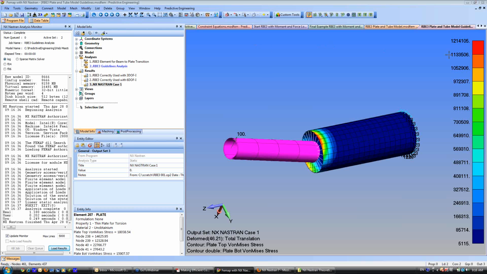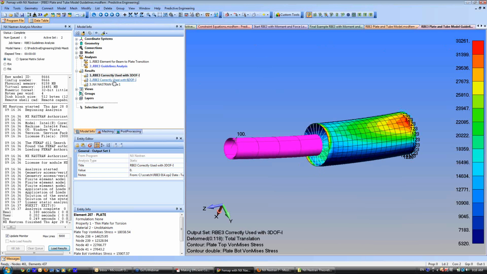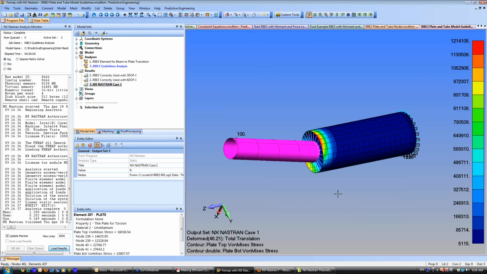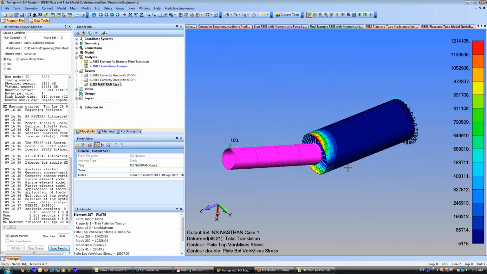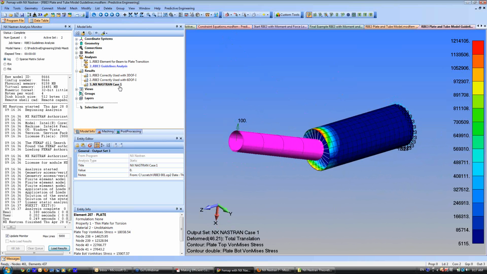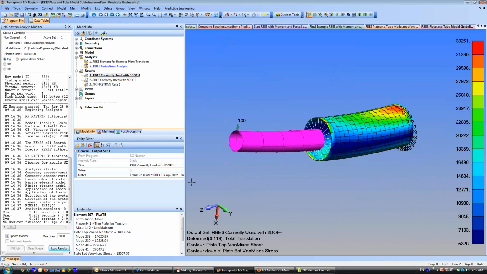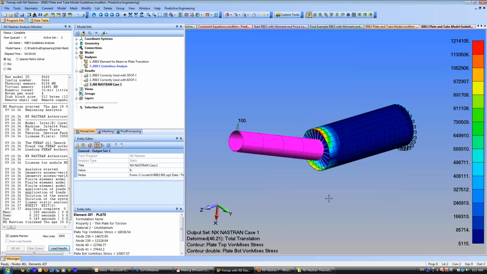So now we have a stress of, what is that, 1,214,000. Here's the right answer, 33,000. Here is with the RBE incorrectly set up. And the deformed is 46, when it should be 0.118. Pretty crazy.